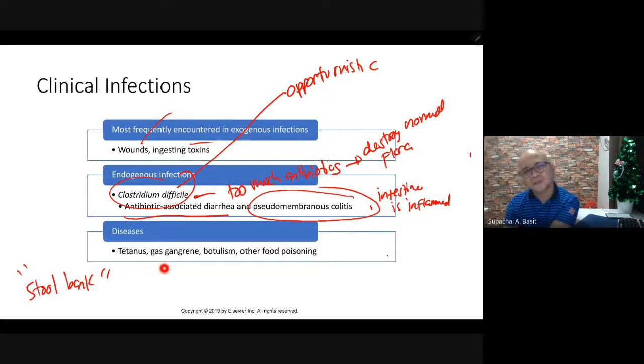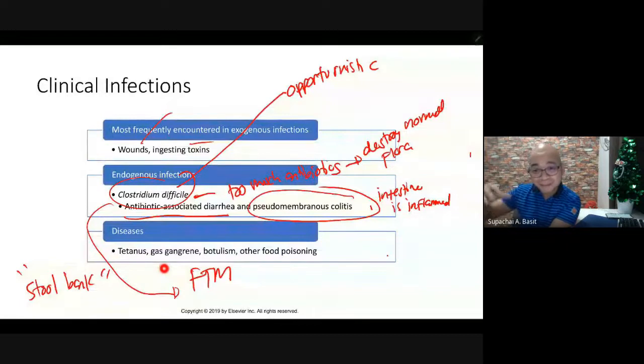What is a stool bank? If we have a blood bank, we also have a stool bank. So the treatment for Clostridium difficile is actually FMT, fecal microbiota transplant, wherein we transplant the patient with stool coming from a healthy donor.